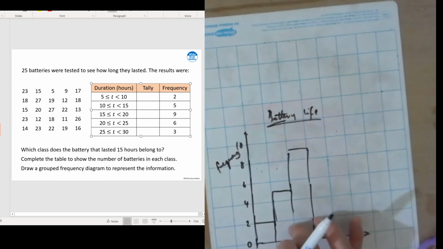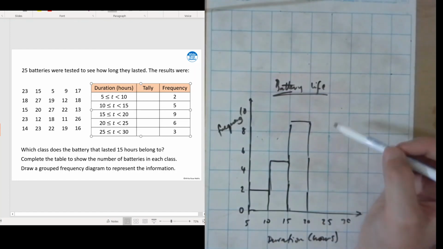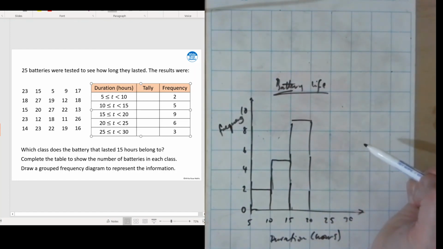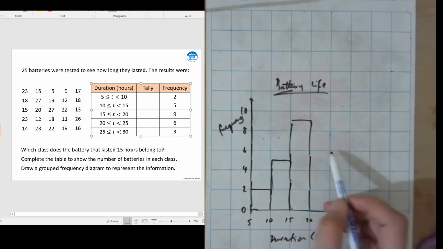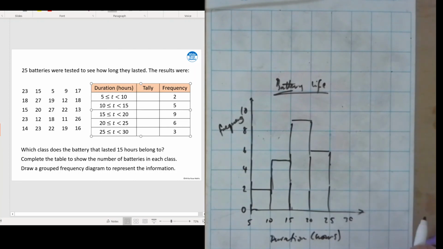Okay, I don't like that one. That one's too messy. There you go. Between 20 and 25, it is 6, which is here. And between 25 and 30, we have 3. Okay, so that's your grouped frequency.